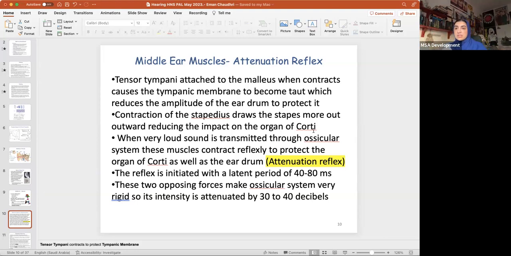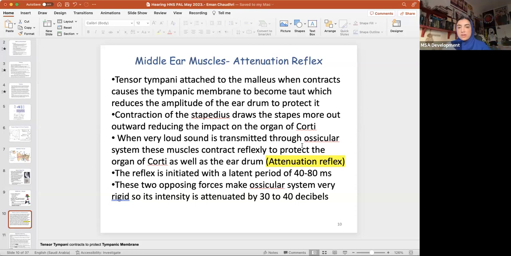And why that happens is because it is protecting the organ of Corti, which has your hair cells, which is in the cochlea, and the hair cells are responsible for transmitting sound, or basically sound as electrical impulses to your brain, right? And if your hair cells are damaged, then you can't hear.